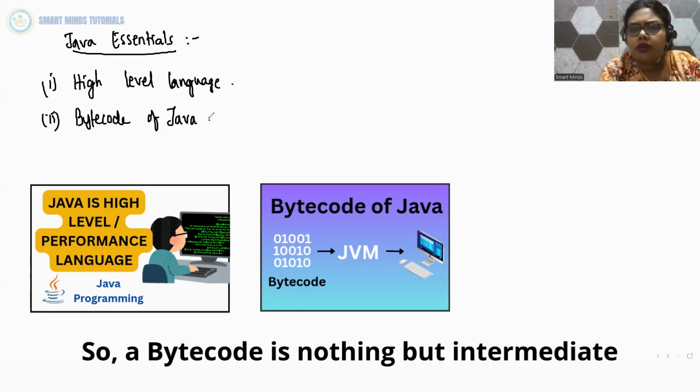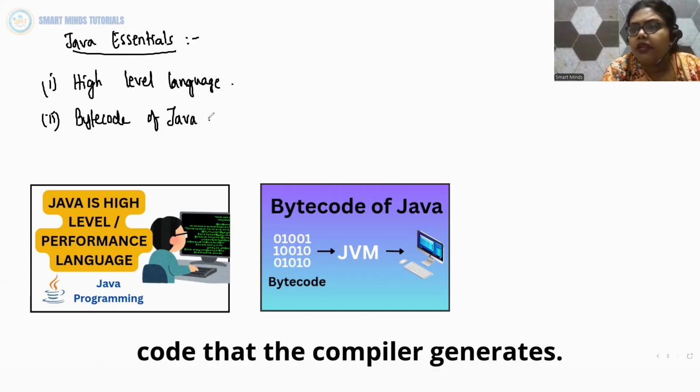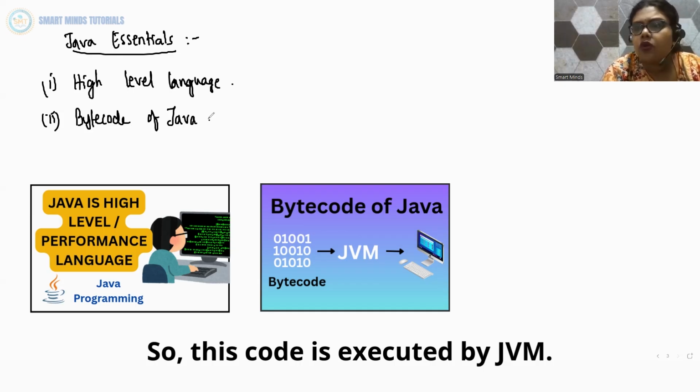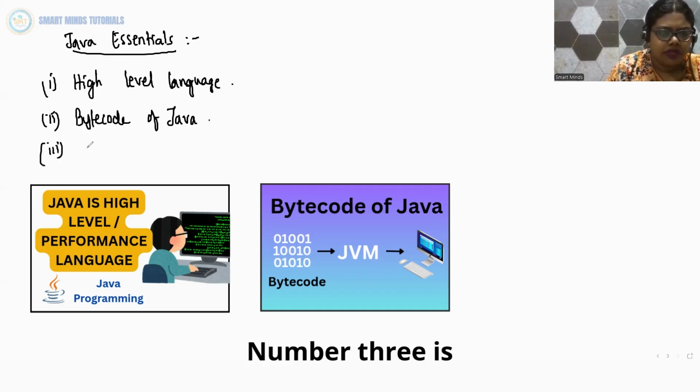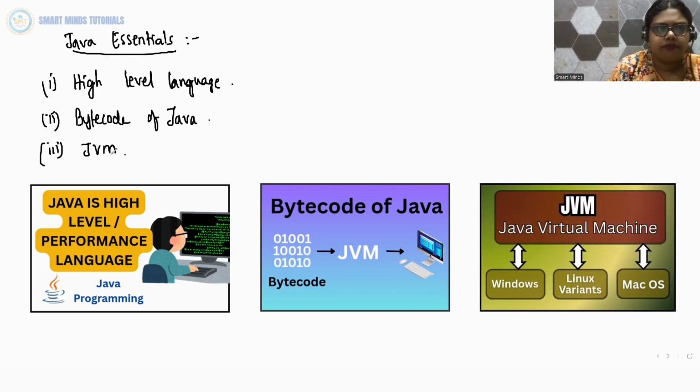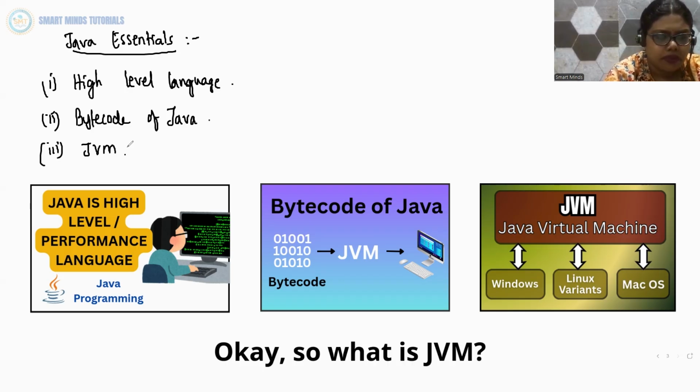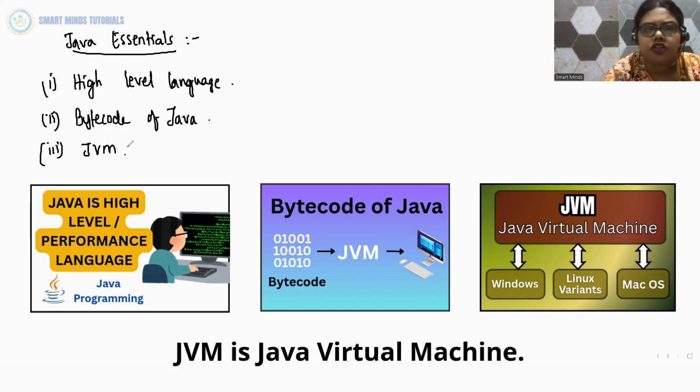A bytecode is nothing but intermediate code that the compiler generates. This code is executed by JVM. Number three is JVM. So what is JVM? JVM is Java Virtual Machine.